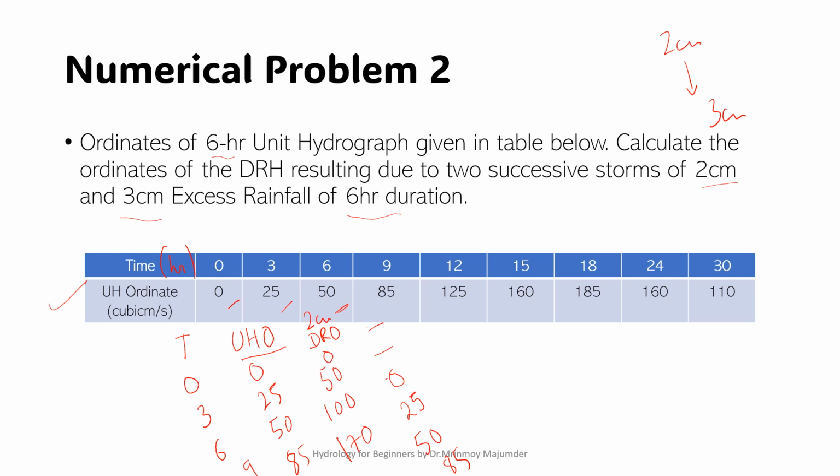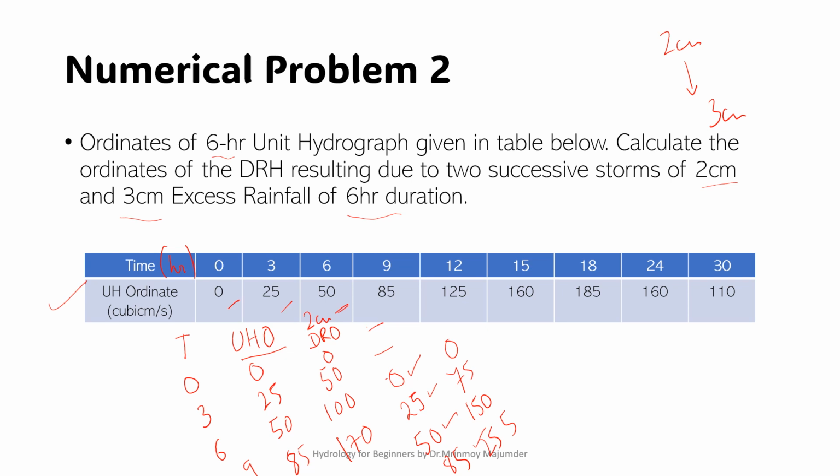After that I will multiply 3 with these values. So 3 into 0 will be 0, 3 into 25 will be 75, 3 into 50 will be 150, 3 into 85 will be 255. And this is the successive storm. So the contribution of the first storm will be added to the next storm.